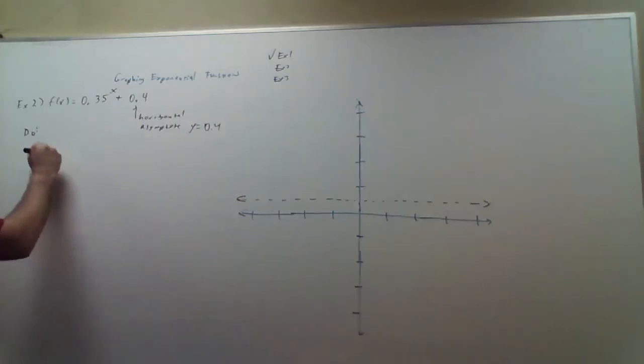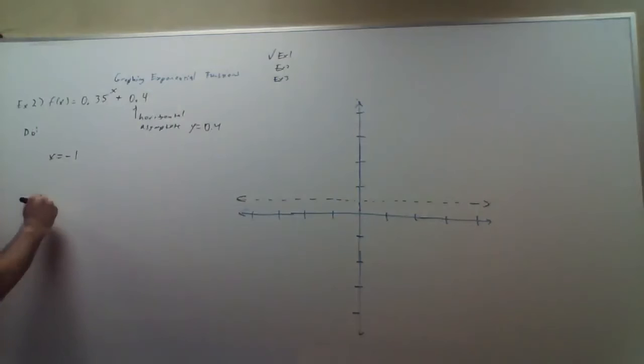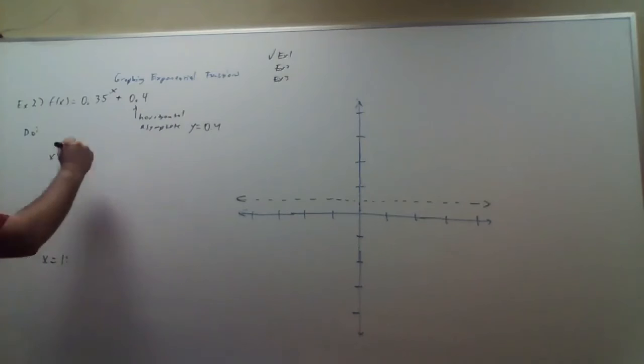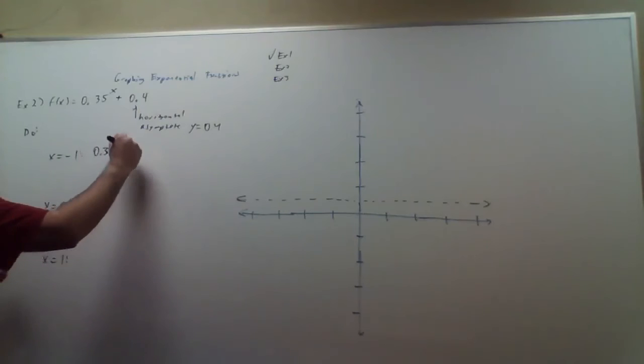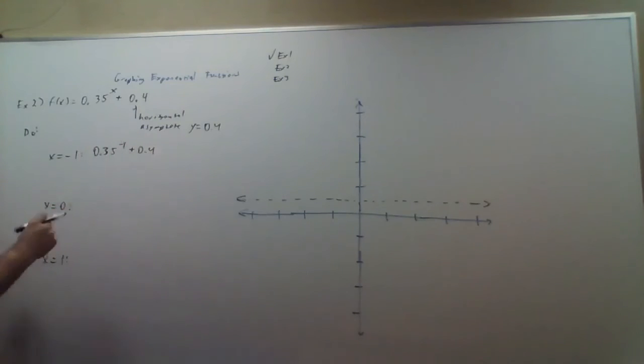Okay, and again, we're going to use x equals negative 1, x equals 0, x equals 1. So I'll take 0.35 raised to the negative first power plus 0.4.